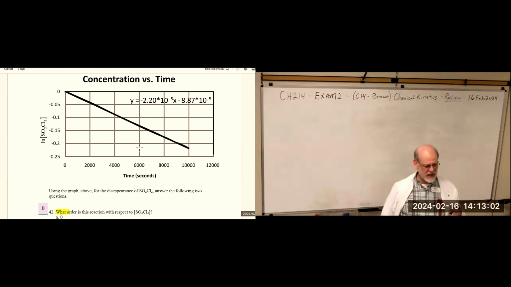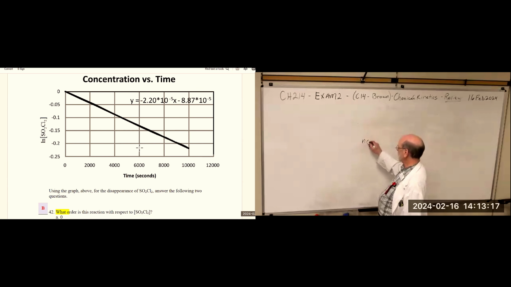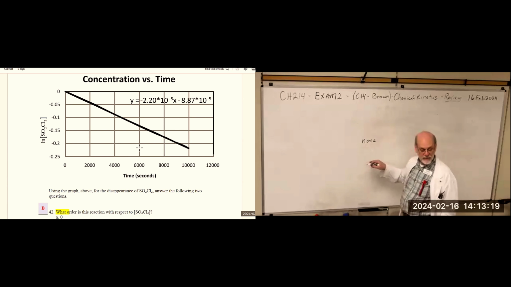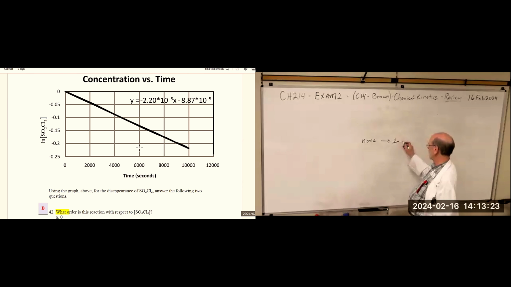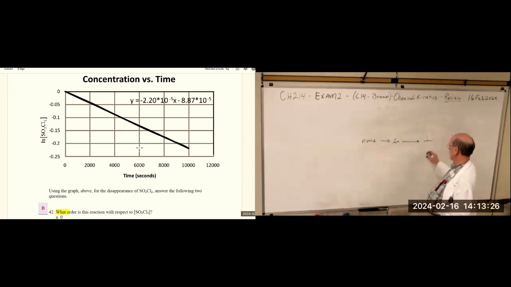You need some type of memory device to go from 0, 1 to 2. We could say from none, for no transformation of the data, to the natural log, to the reciprocal.